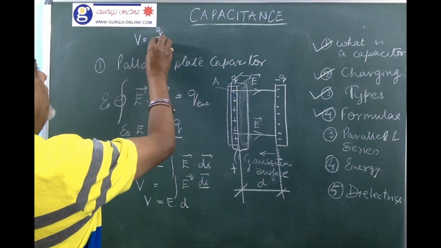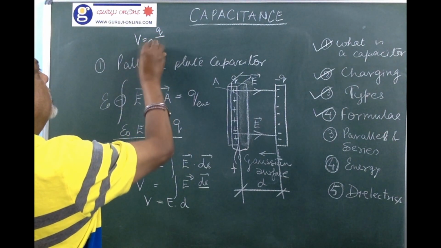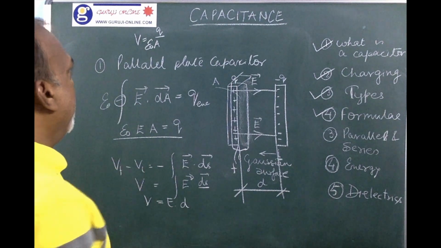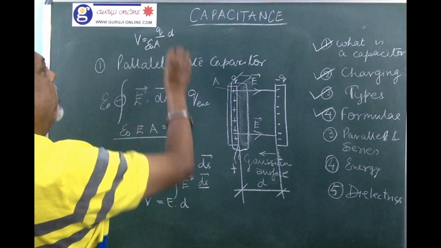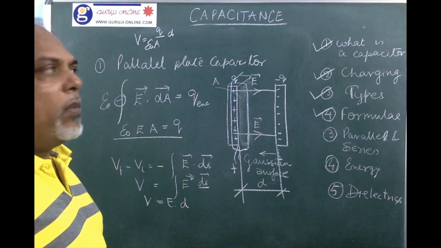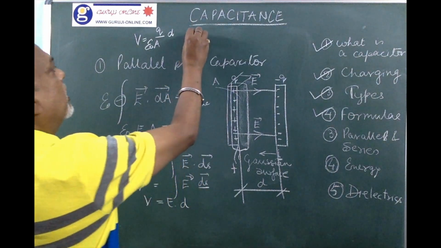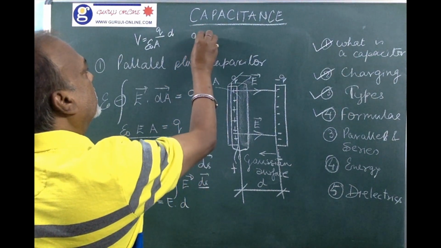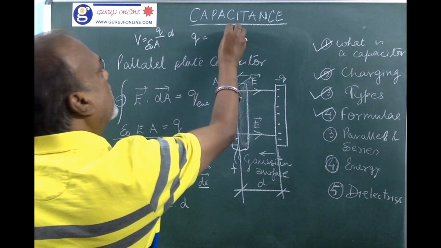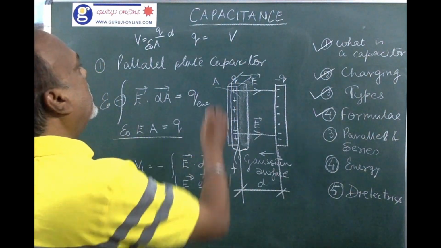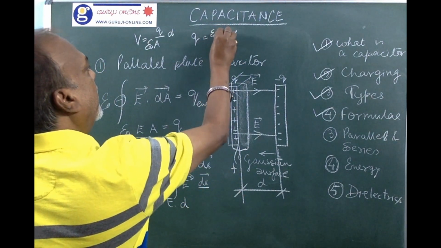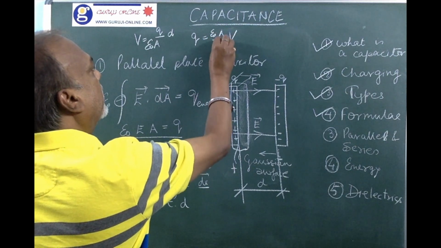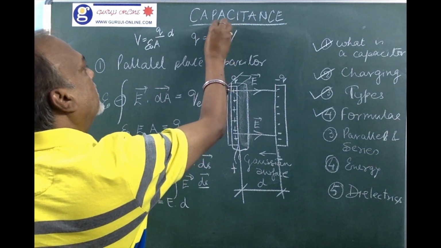So here let us take V is equal to Q upon A epsilon 0 into D, or we can write it as Q is equal to V epsilon 0 A upon D. What is this?